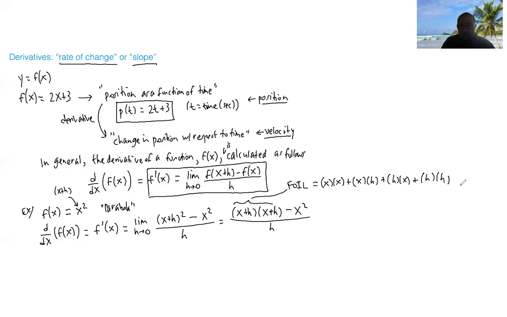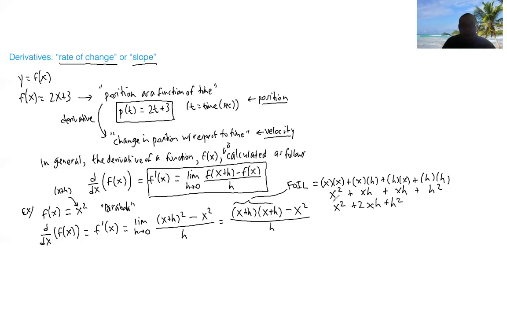Okay. And when you simplify this, this becomes x squared plus xh plus xh plus h squared. This and this can combine, right? So you're going to end up getting x squared plus 2xh plus h squared.